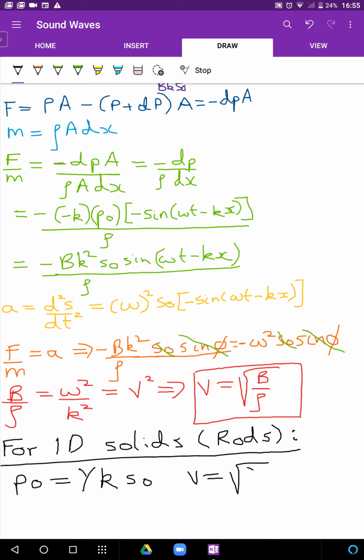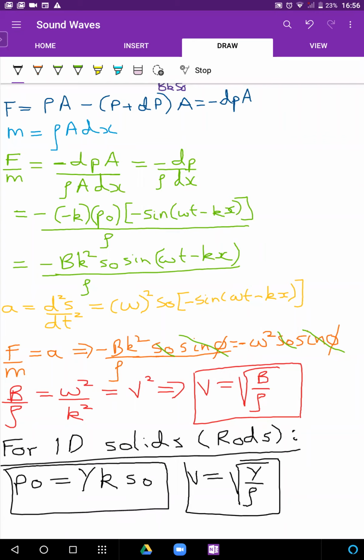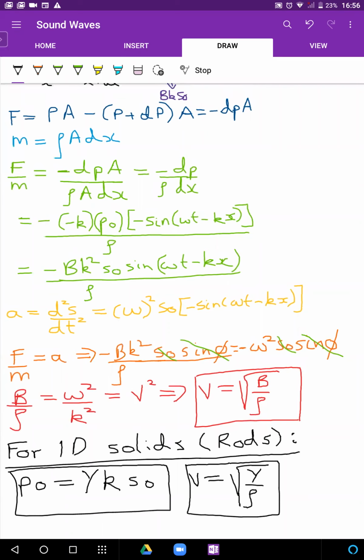But it's this way only for 1D transmission. This is how sound propagates in a rod with this velocity. As I said, it will depend on Y.